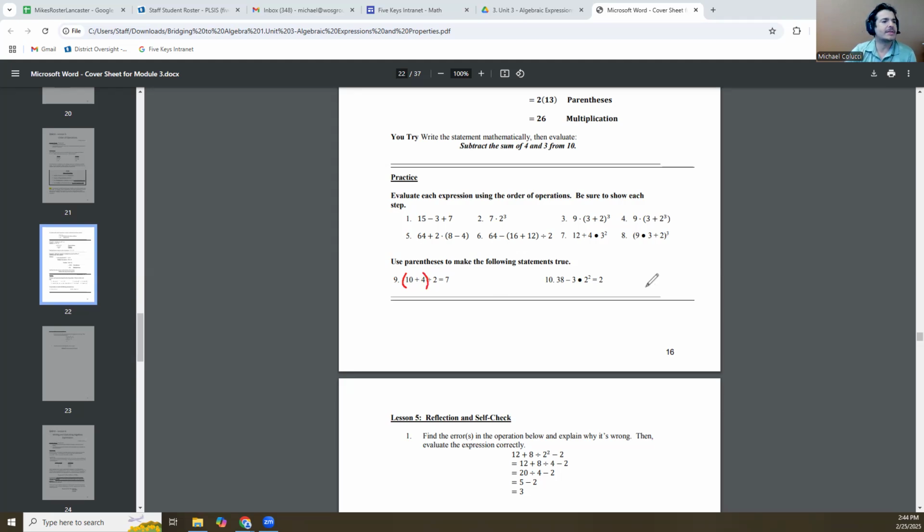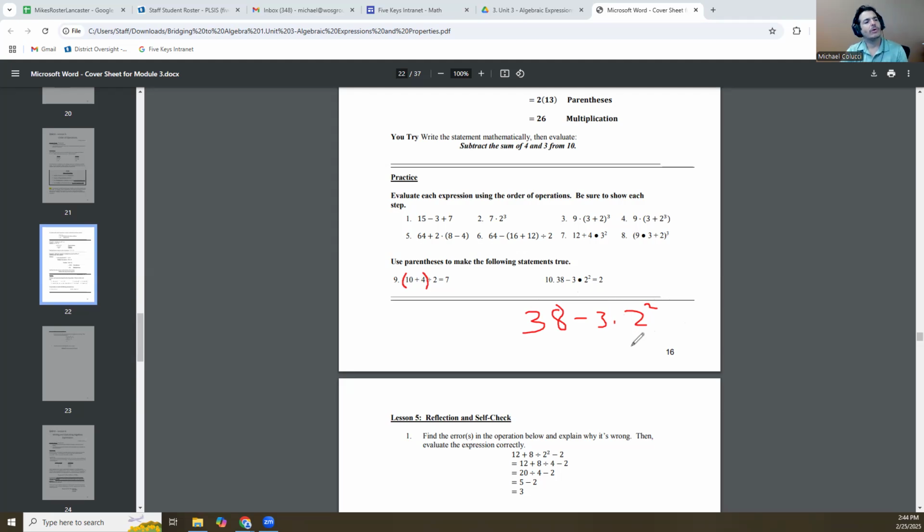And this one, let's see. I would normally do the exponent first. This one's tricky, huh? Let me see. 38 minus 3 times 2 squared, and that's meant to equal 2.